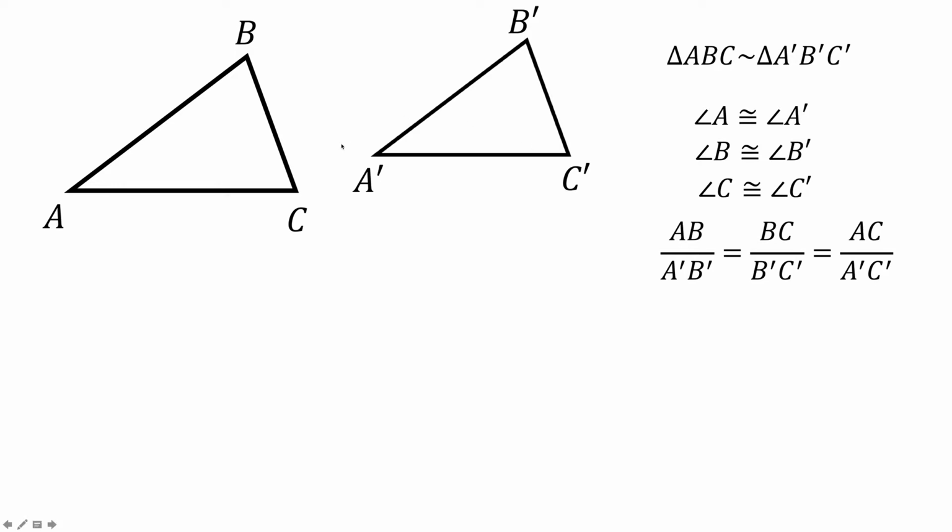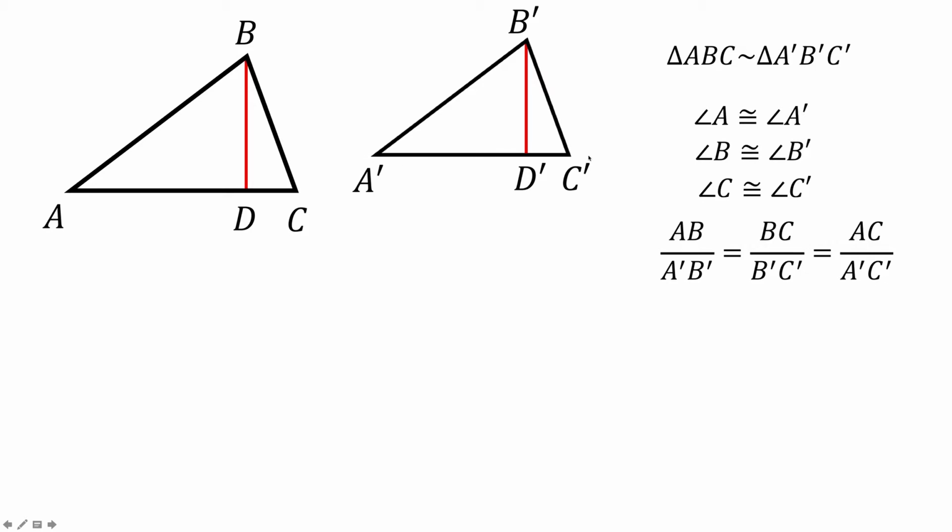So in our case, we're interested in altitude. Let's look at the altitude BD and B prime, D prime. Just to remind you what an altitude is: the line or segment that starts from one vertex, in this case vertex B and B prime, and is perpendicular to the opposite side, which means BD is perpendicular at 90 degrees to AC, and B prime, D prime is perpendicular to A prime, C prime.